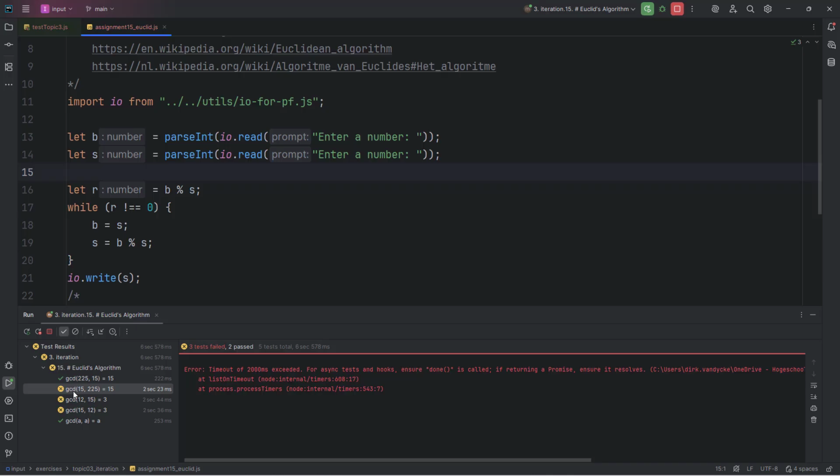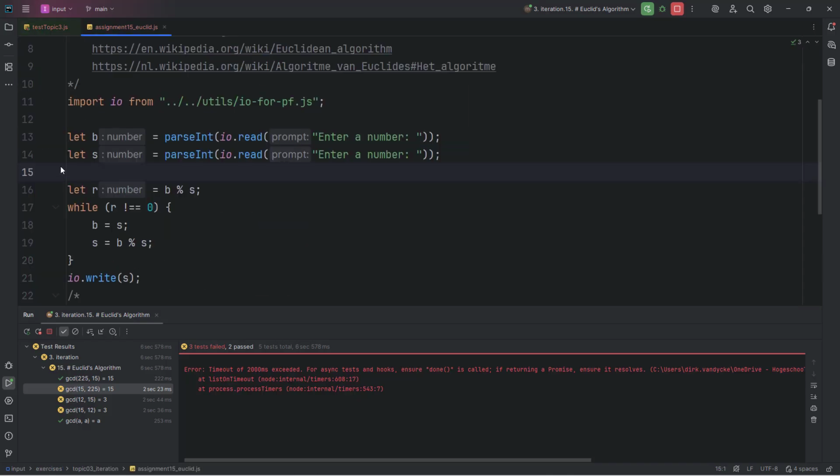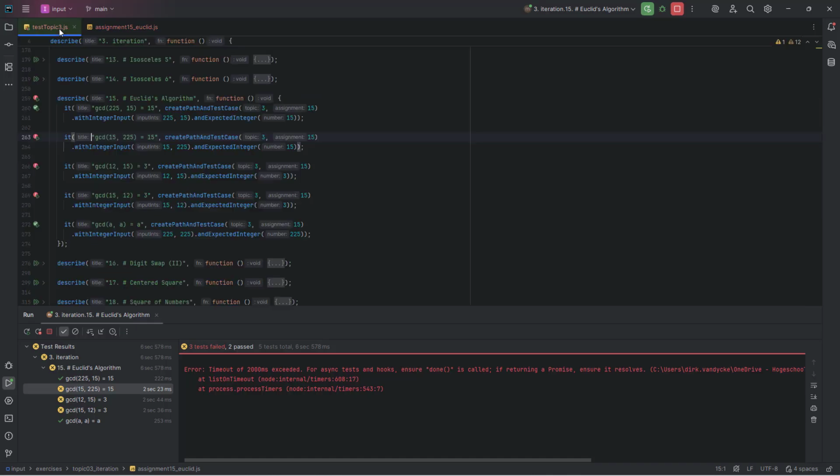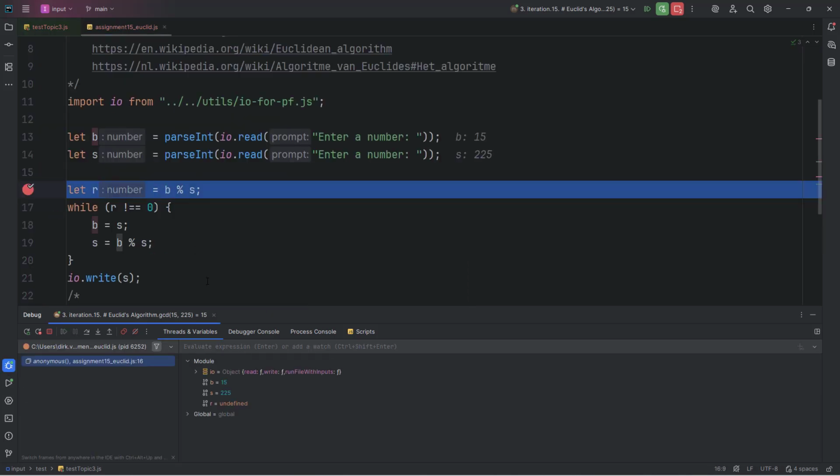And let's see what happens if we run this test. So this is going to be this test. I'm going to debug it. First, let's add a little breakpoint here. And now I'm going to debug this test. First one turning red. And let's see what's going on.